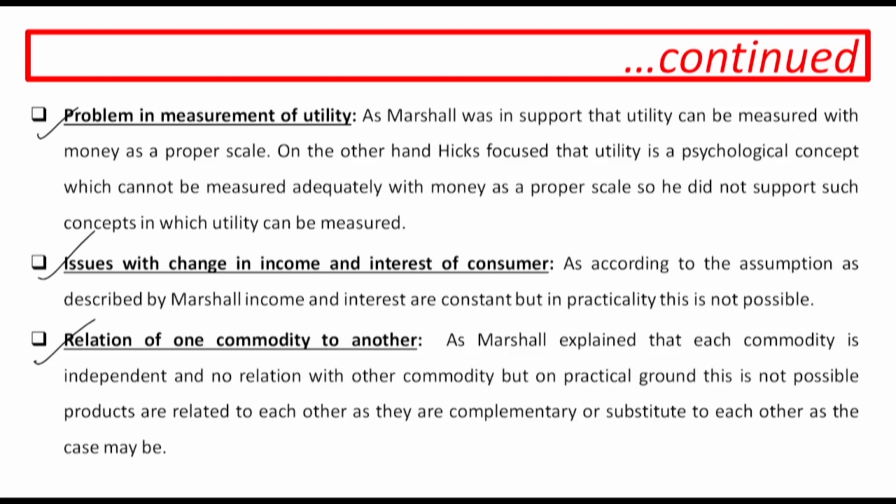Every commodity has some substitute. Maybe tea and coffee, these are substitute goods. If the price of tea increases, you are going to substitute it with coffee. If the price of coffee increases, you are going to substitute it with tea. So if substitute goods are available, how can you maintain this consumer surplus? If the price is high, you are going to easily shift and purchase something else.